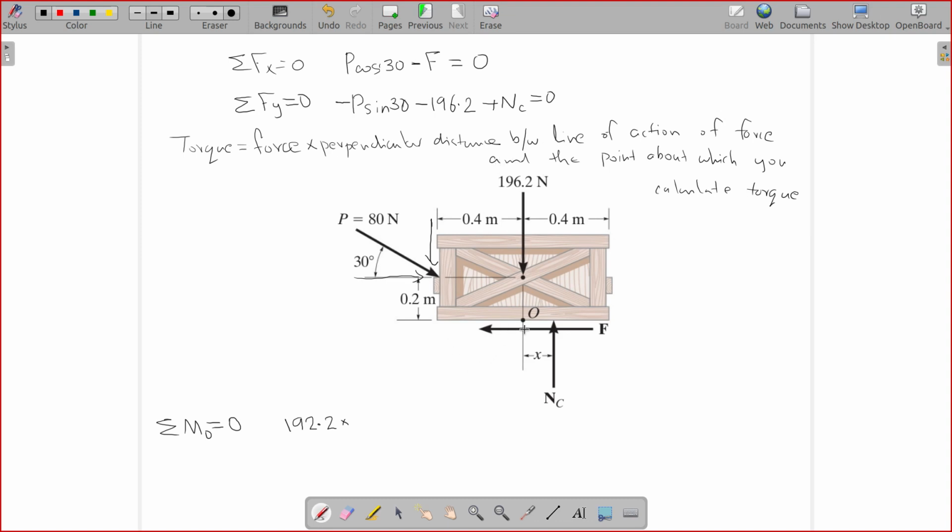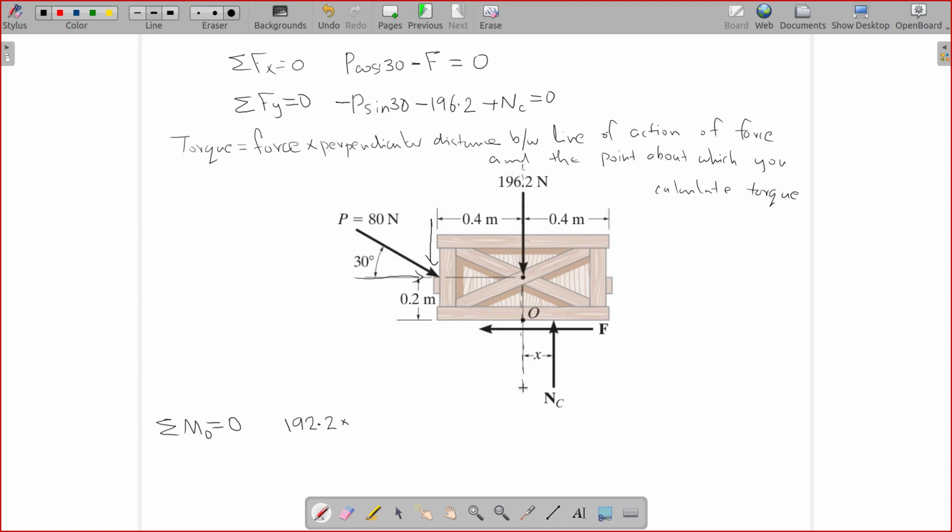So you are calculating moment about O, and the first force you are considering is this one, weight 196.2. What is the perpendicular distance between the line of action of 196.2 and O? What is the line of action of this force?